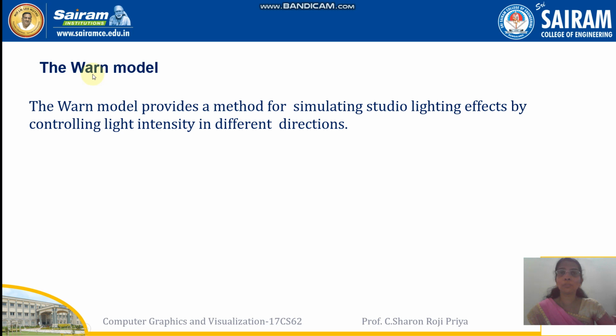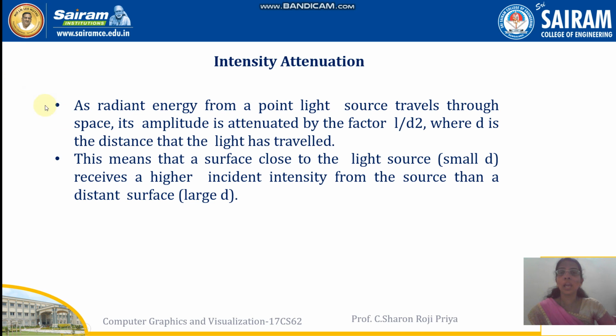Here I have the Phong model, which is used to simulate the lighting effects in a studio. In a studio, we have focus light and light from more than one light source. If I want to simulate all these lights in a studio, I can use this Phong model.